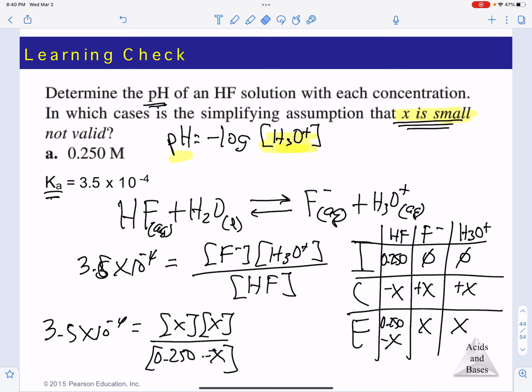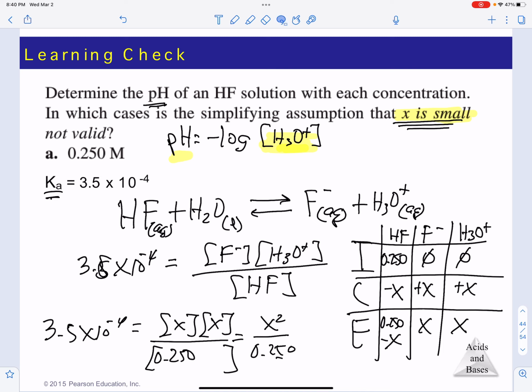So there's this x that is being subtracted, and I'm basically not going to consider it. The other x on top, you have nothing to compare to, so you have to leave those two alone. So with that said, we get 3.5 × 10^-4 equals x squared over 0.250.